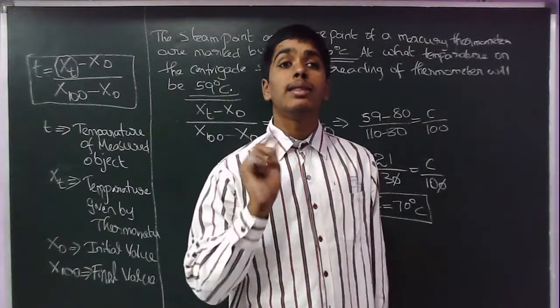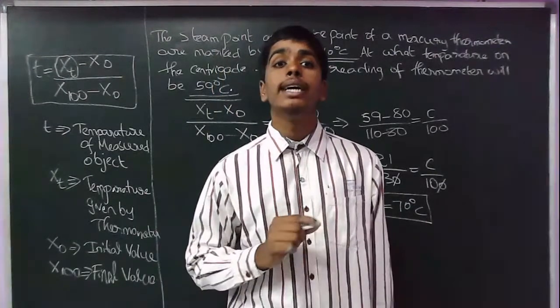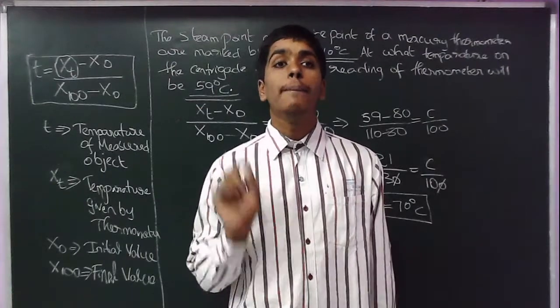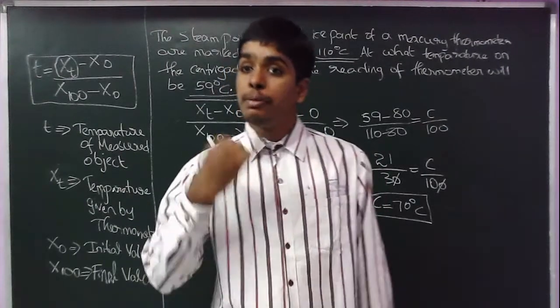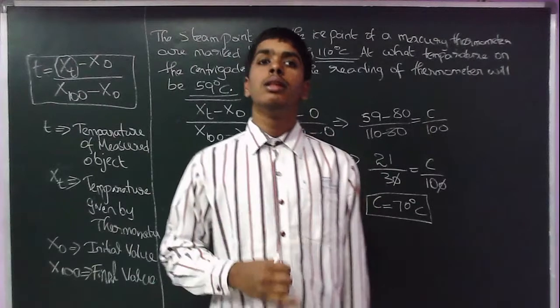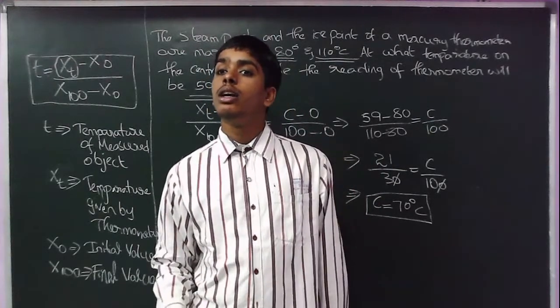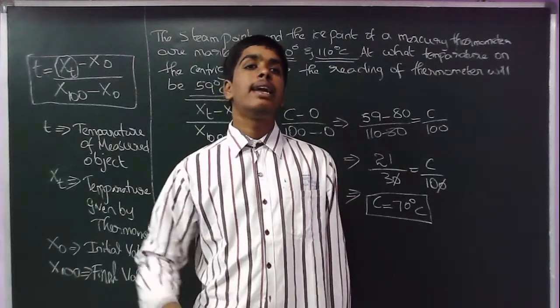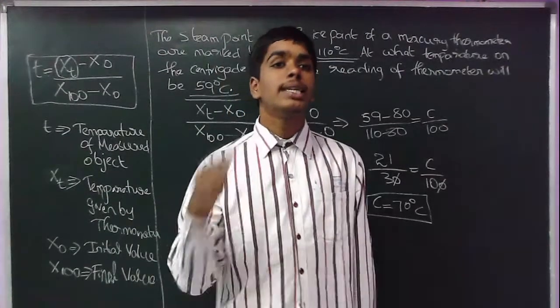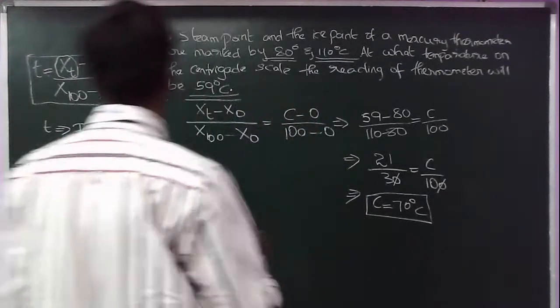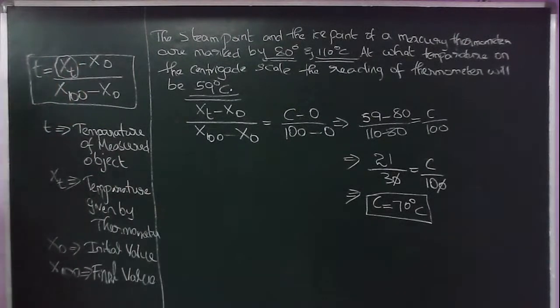Now we will discuss the different types of thermometers. There are mercury thermometer, thermometer at constant pressure, constant volume, and the resistance thermometer as well as the pyrometer. Let's read that. First, copy this.